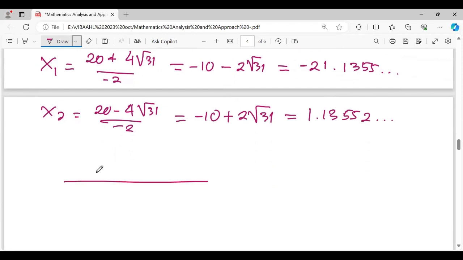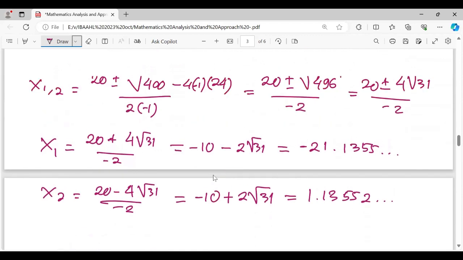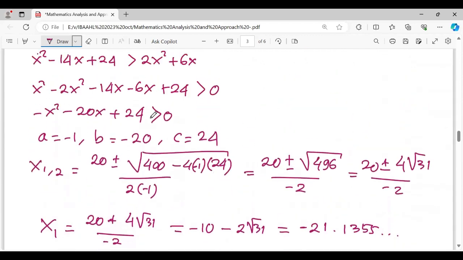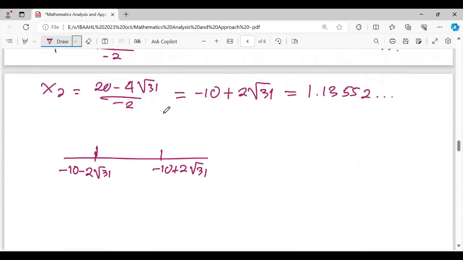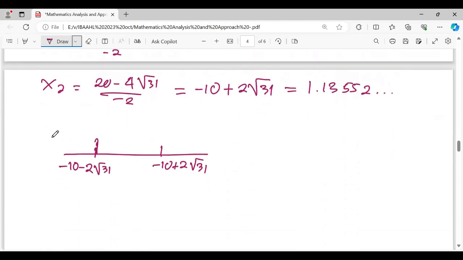Now we're going to determine the solution area. This is minus 10 minus 2 square root 31. This is minus 10 plus 2 square root 31. The inequality is greater than, which means the solution area is this area and this area.